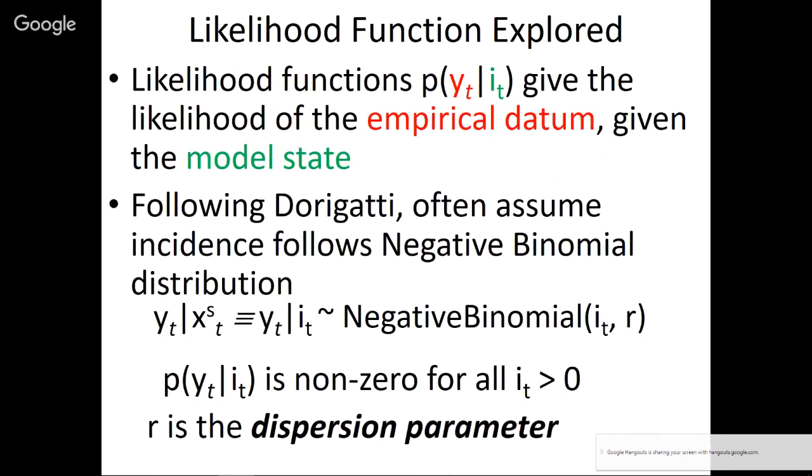Now, the choice of the likelihood function is one that demands thought. Because of the time and the scope of this talk, I'm not going to go into this in great detail.